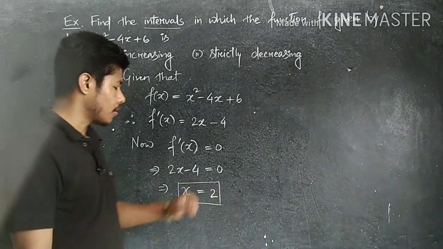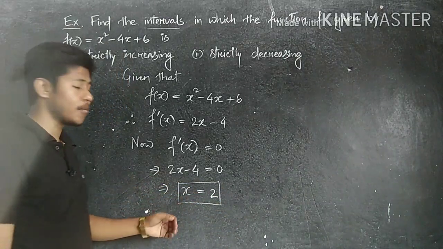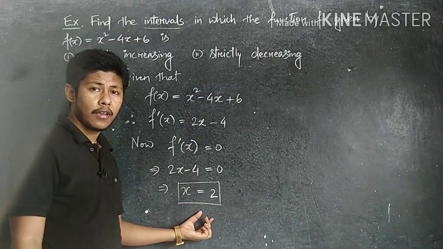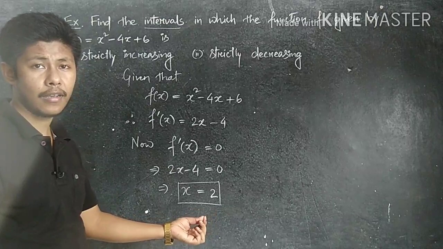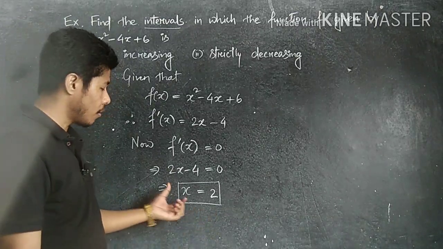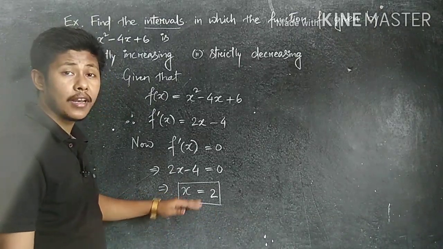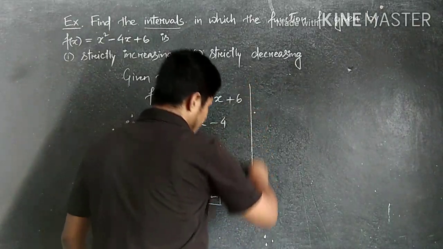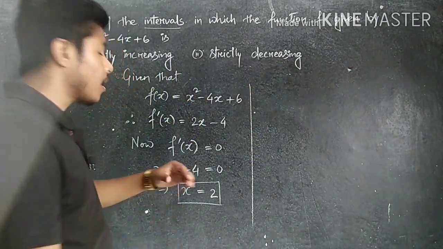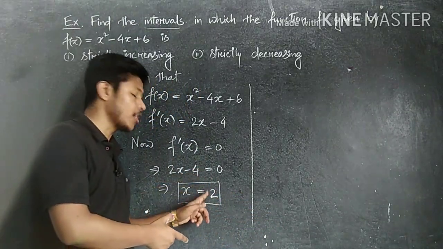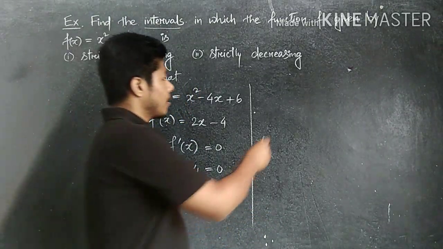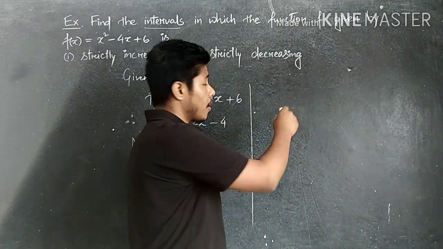Is it clear? Now after getting the stationary point or critical point, with the help of this we have to find out the result. Let's see how. The next step is, in the number line we have to put this point. All of you know the number line.